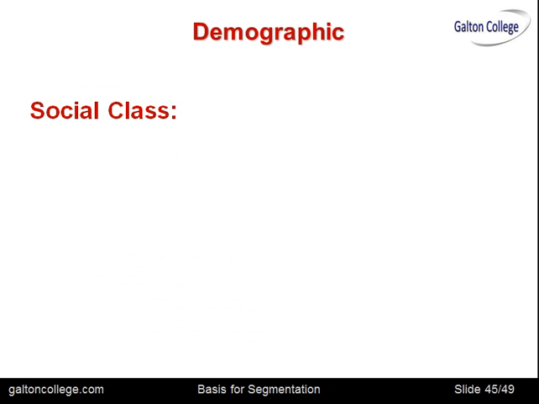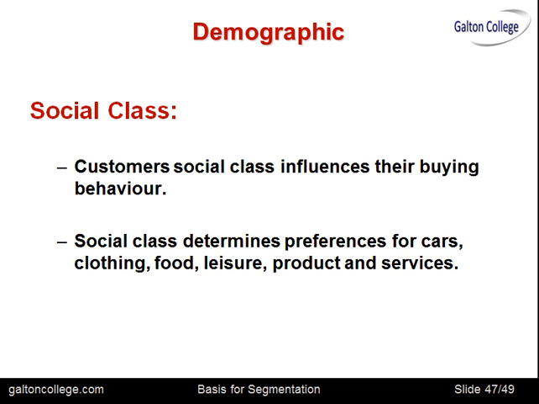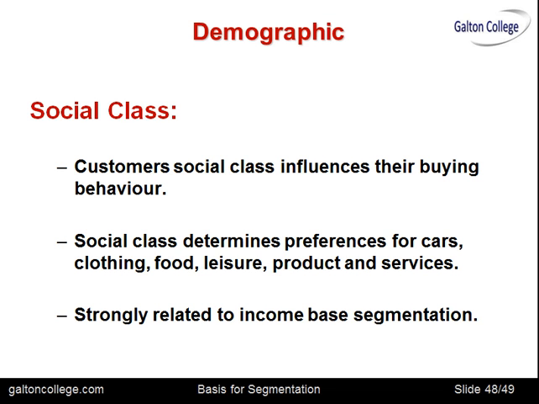Social class. Well, customer social class influences their buying behaviour. Social class determines preferences for cars, clothing, food, leisure, product and services. It's strongly related to the income base for segmentation.